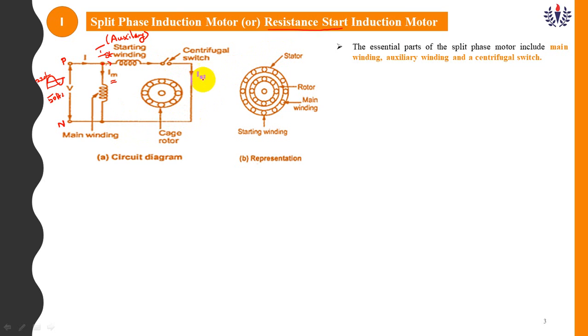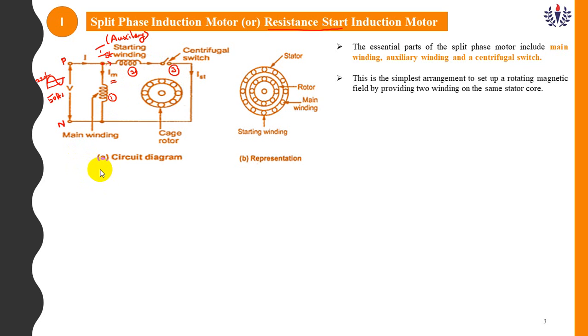One is the main winding, this is my first part, the second part is the starting winding, and the third part is the centrifugal switch. This is one of the simplest arrangements to set up the rotating magnetic field.